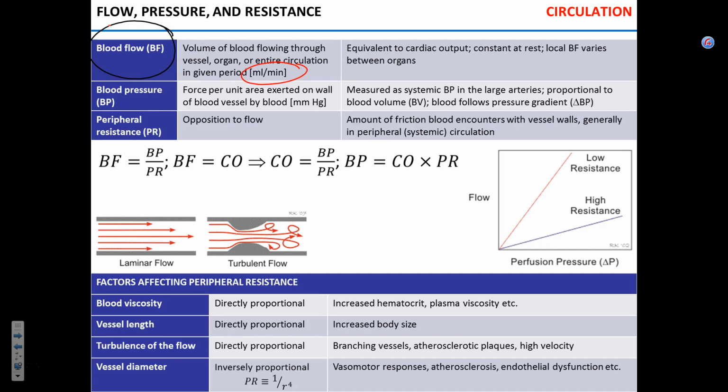Does that make sense? So blood flow, systemic blood flow, is equivalent to cardiac output. Does that make sense to you? So blood flow through the systemic circuit is 5.25 liters per minute. That's how much blood is moving through the entire circuit in 1 minute. Basically your cardiac output.